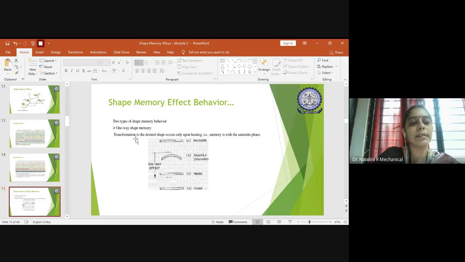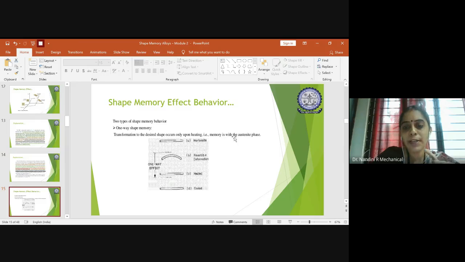Here, the transformation to the desired shape occurs only upon heating. So you have a classification of materials with two-way and one-way shape memory effect. In one-way shape memory, the required transformation can occur when you subject it to heating only.